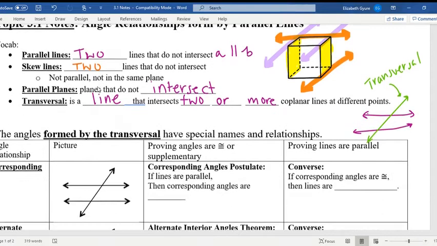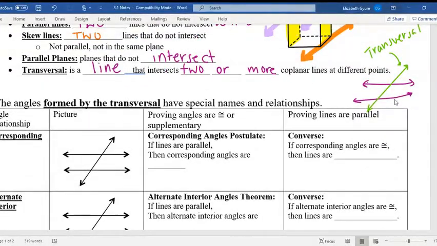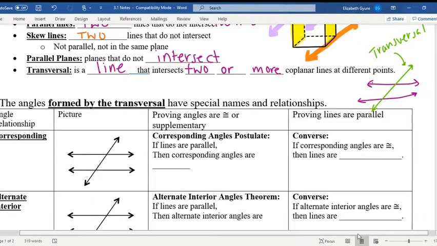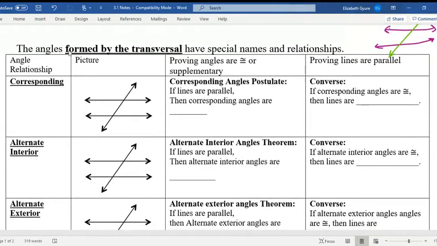All right. So now when you have a situation like this, guys, when you have lines and a transversal cutting through them, this is when our special angle relationships end up happening. So look at this chart here. In this chart, we're going to talk about angles that are formed by transversals.